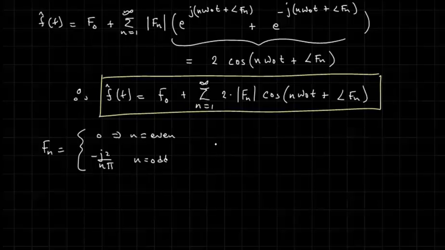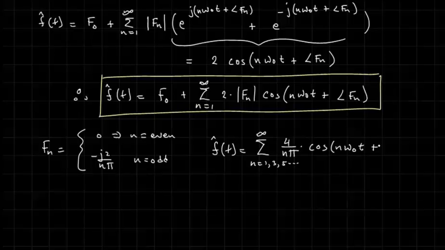So we can write f hat is equal to the sum from n equal 1, 3, 5, etc. of 4 over n pi times the cosine of n omega naught t plus, and remember the angle, in all cases the angle was minus 90 degrees, minus pi over 2, which is equal to the sine of n omega naught t.